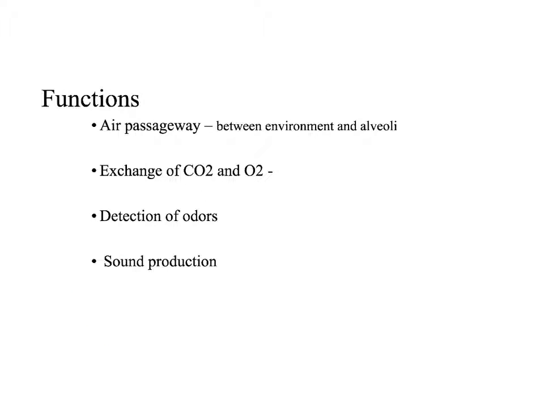Okay. Functions. So the functions of the respiratory system are, it serves as an air passageway. Okay, so it's going to take the air from the outside from the environment. It's going to take it into the alveoli, and from the alveoli, it'll go to the blood.